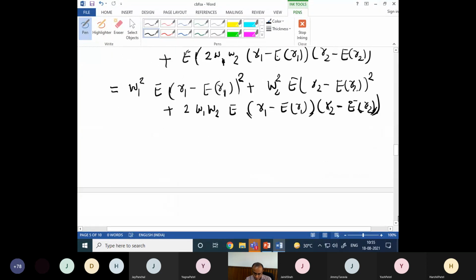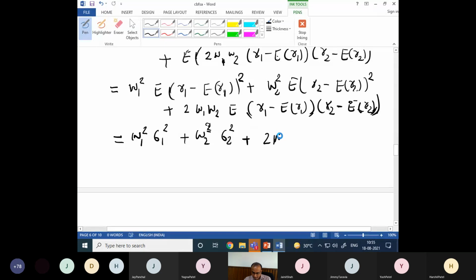Okay. Now if you look at these terms, what is expectation of (R1 minus ER1) whole square? It is nothing but sigma 1 square. What is expectation of (R2 minus ER2) whole square? It is sigma 2 square. It is variance or risk associated with the second security.